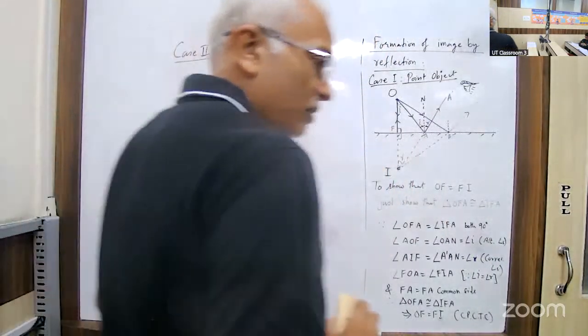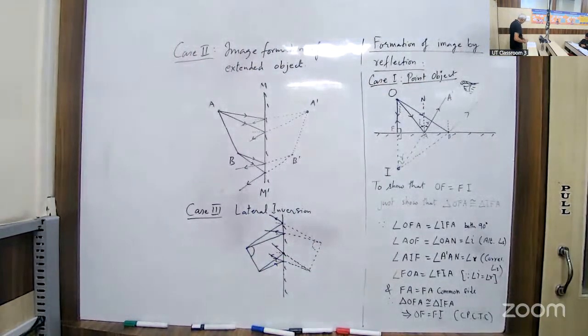Any questions still here? So what are the characteristics of the image formed by a plane mirror? Let's list down.